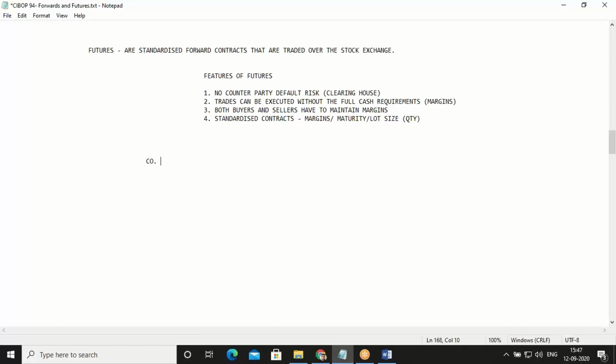Let's say company ABC shares, you want to buy 200 shares, and they are at rupees 50. This is an example of equity. Now if you wanted to buy 200 shares of ABC, how much money do you need in your account?